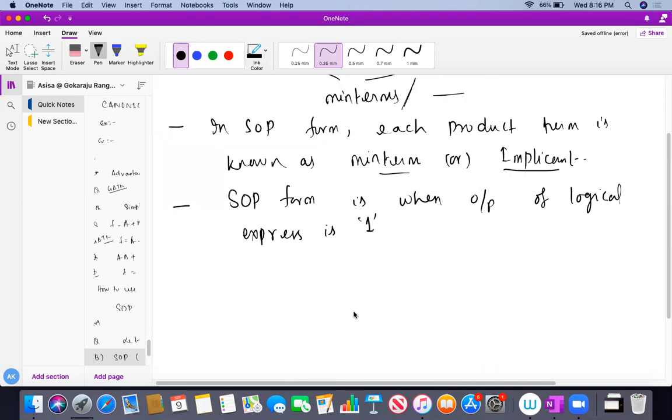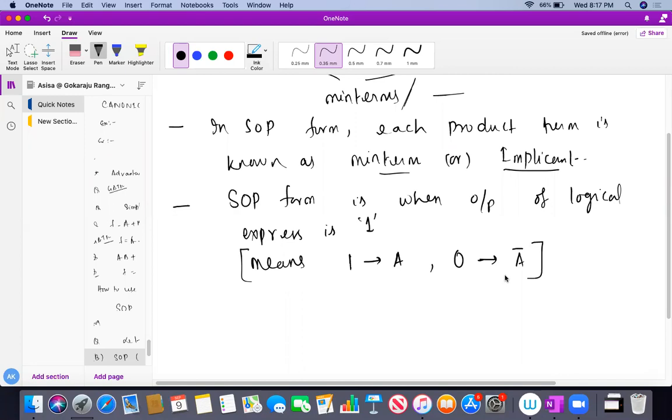Whenever the output of the logical expression is 0, we have to use the POS form. While I am teaching the POS, I will tell that. The meaning is: 1 will be expressed as the true form of the variable and 0 will be expressed as the complement form of the variable. Do you all understand, students?